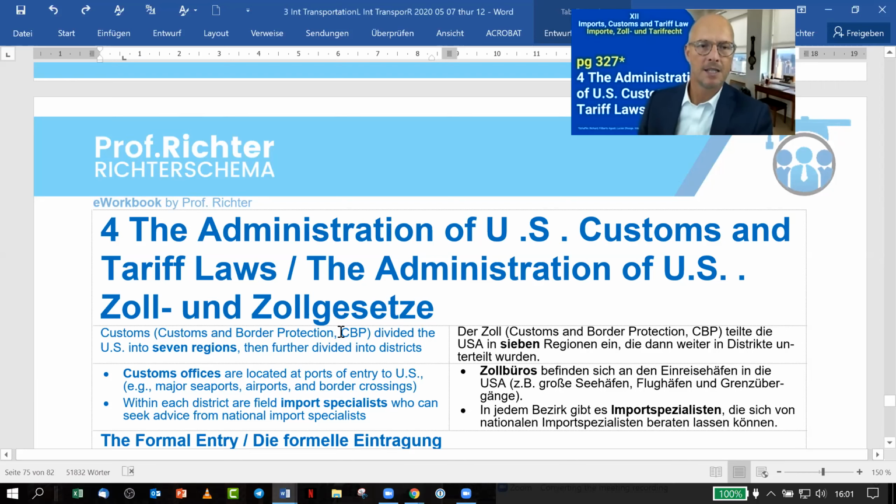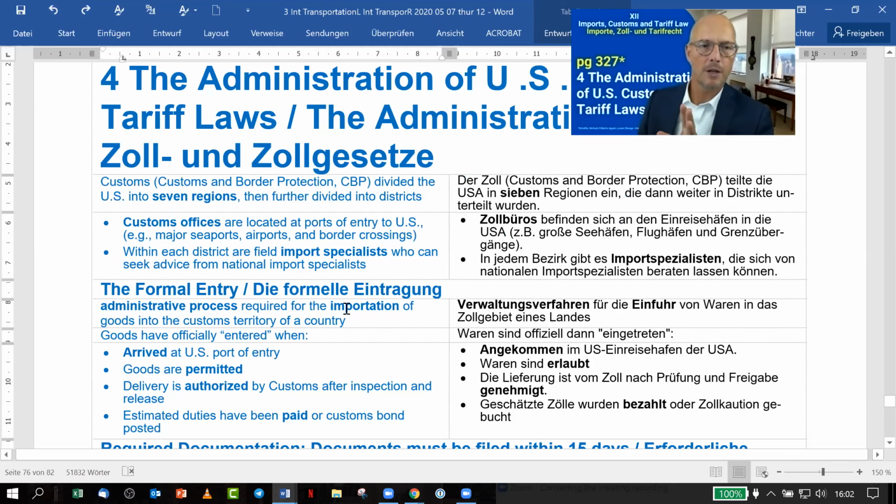So it always starts with a formal entry. That means if you import some goods in a country, here for example in the United States, then an administrative process will start. This is required. And the first question is, when do goods have officially entered?